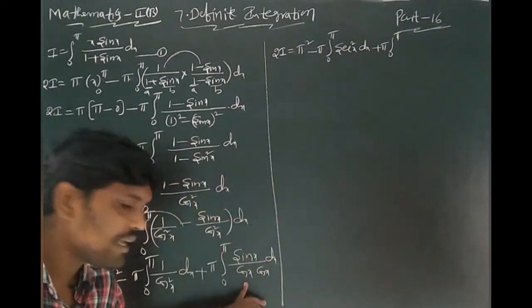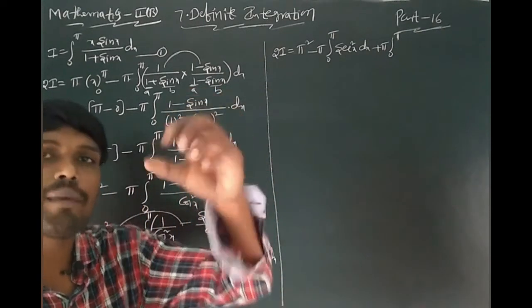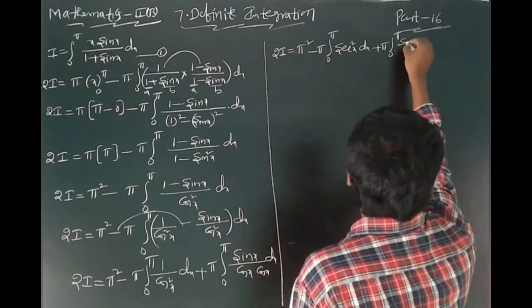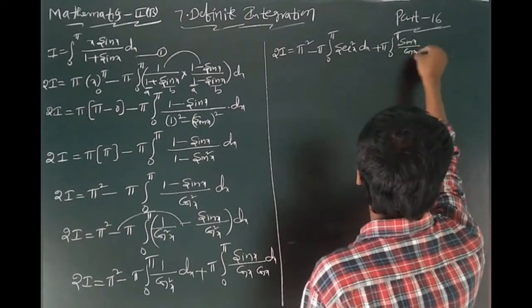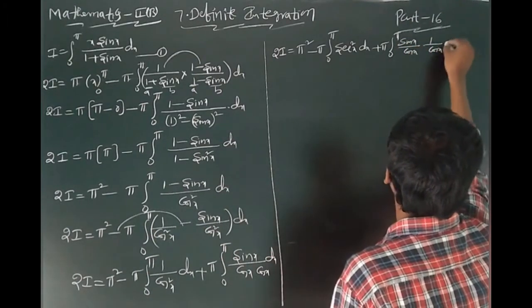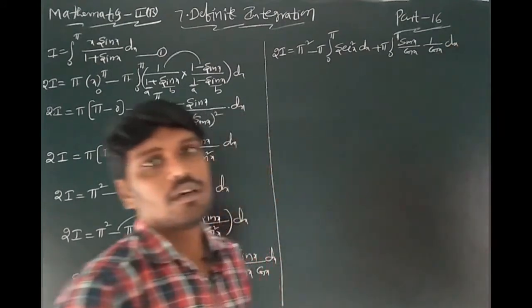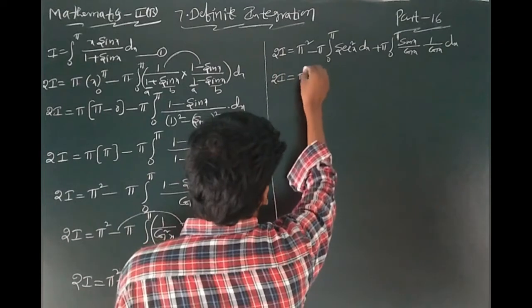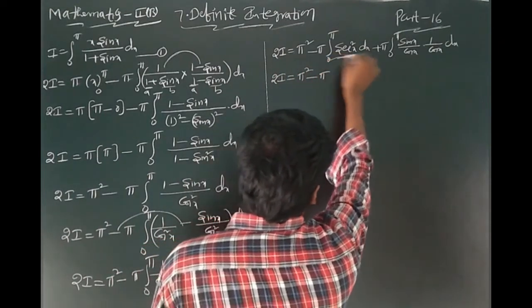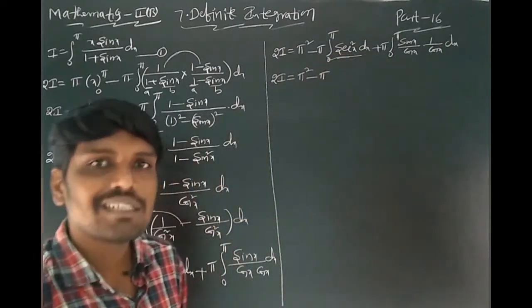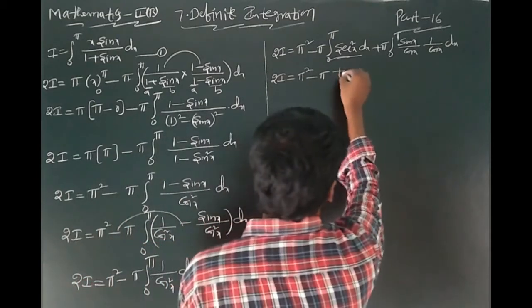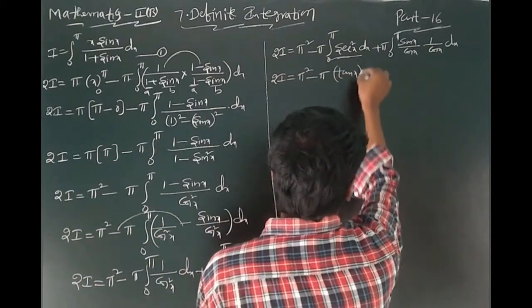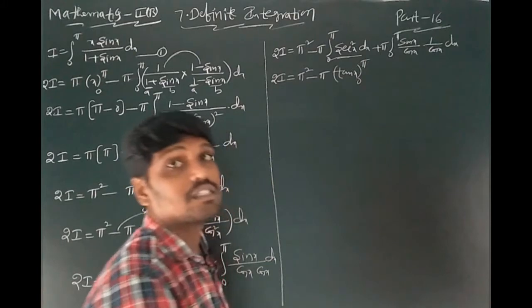You can write sin by cos as one term, 1 by cos as the other term: sin x by cos x into 1 by cos x, dx. After that, 2I is equal to pi square minus pi into, what is the integration of secant square x? Secant square x integration is tan x, limits 0 to pi.